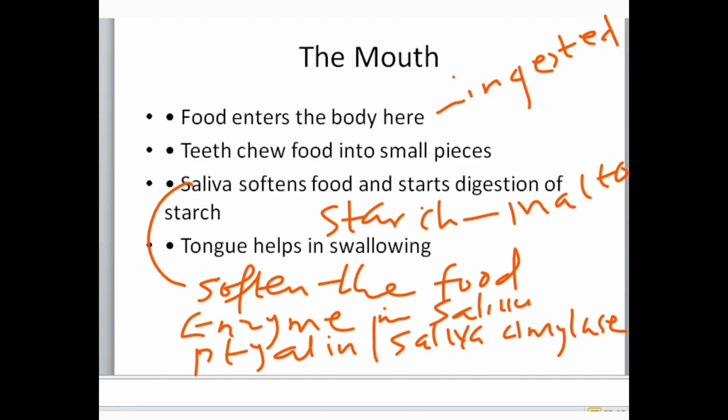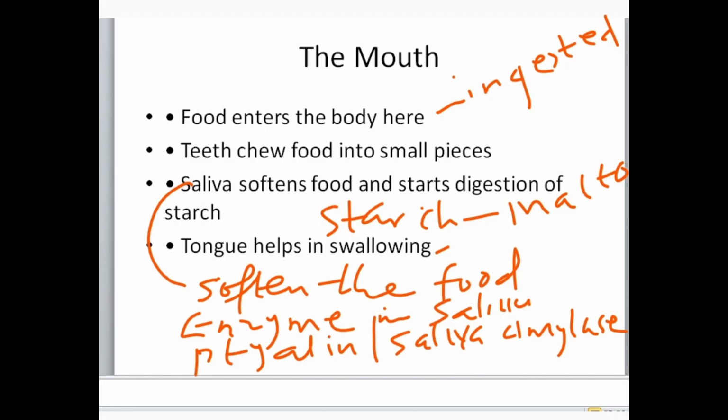So that means digestion of starch starts in the mouth, because the only enzyme that the saliva contains is the ptyalin, and that ptyalin acts on cooked starch.